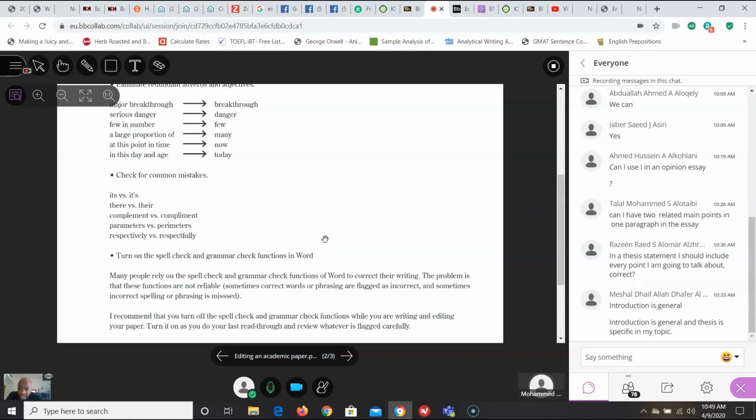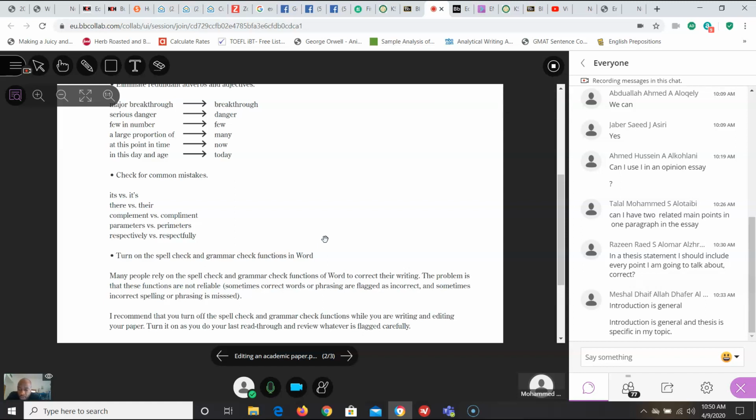Compliment is making a friendly statement to someone. Oh, I like that dress. That's a compliment. Parameters and perimeters, respectively and respectfully. Okay, respectively talks about in order. Respectfully shows gratitude and homage to someone, humility to someone.